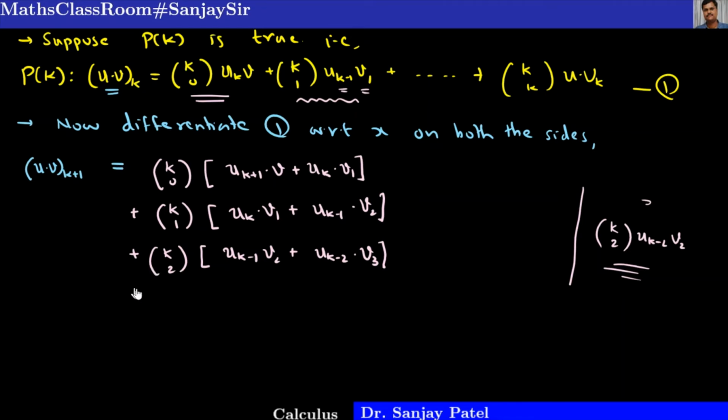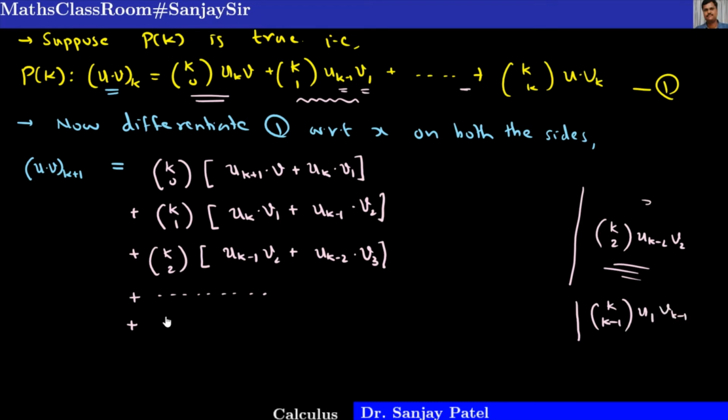And this way we continue, and I want to write now the second last term in this result number 1. This term would be kck minus 1 into u1 into vk minus 1.